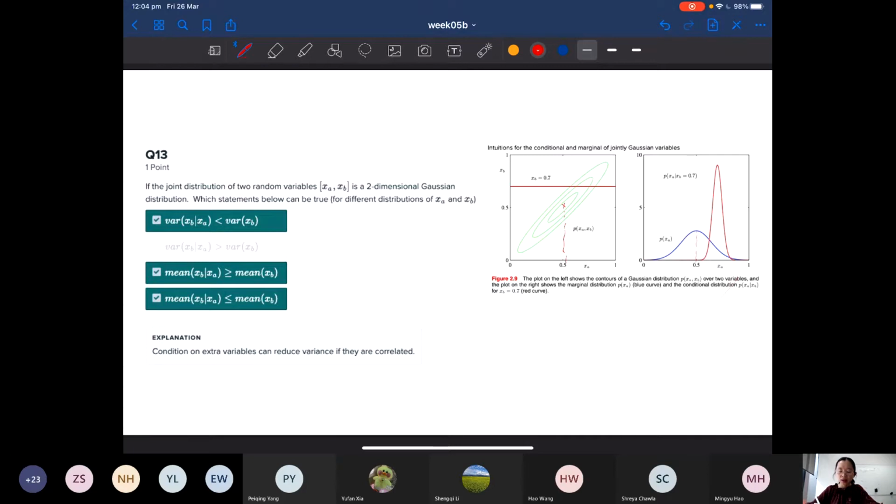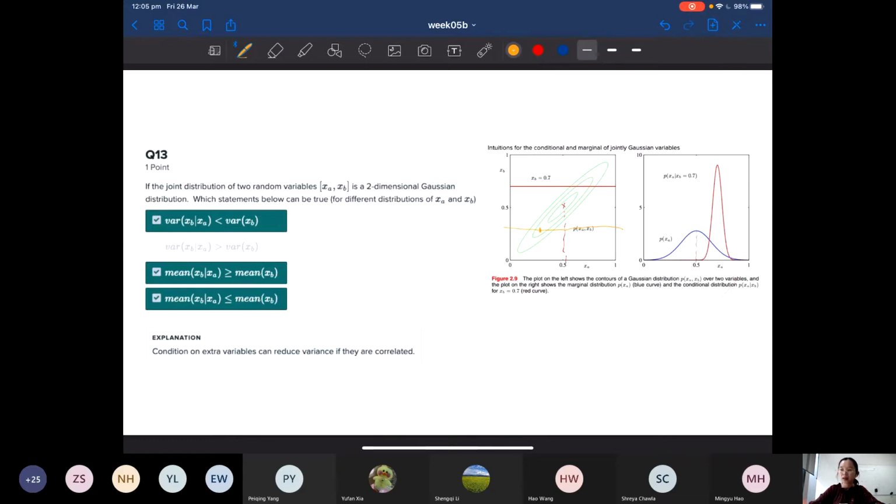And then depending on which value of XB we're conditioning on, if we're conditioning on the red line above, the conditional mean is above the marginal mean. If we condition on a line below, such as here, the conditional mean is less than the original mean, right? The question is conditioning the other way, but it's essentially just swapping XA and XB.